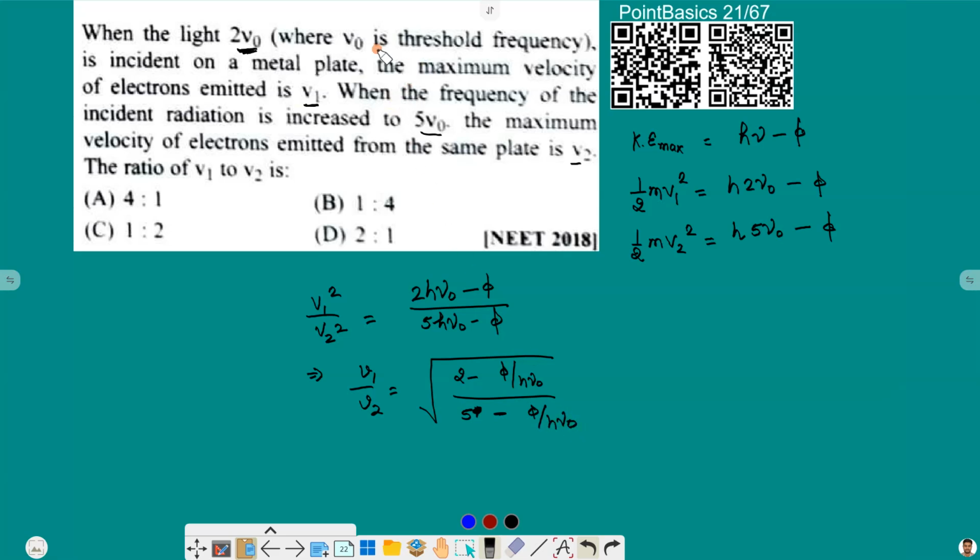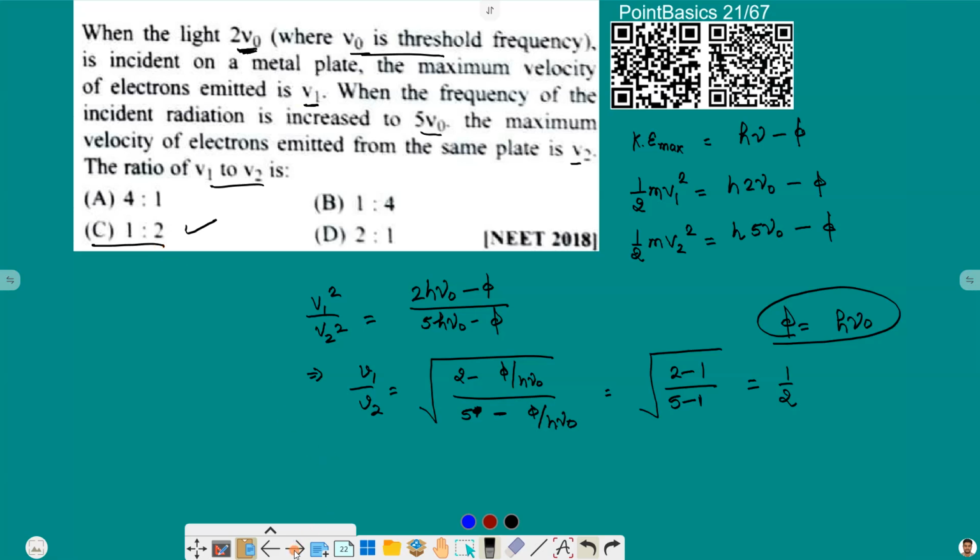Now threshold frequency is nu naught, which means work function phi will be equal to h nu naught. So phi by h nu naught will be equal to 1. So this will be 2 minus 1 divided by 5 minus 1. So this will be basically 1 by 2. So the ratio of V1 to V2 will be equal to 1 by 2. That is option C for us.